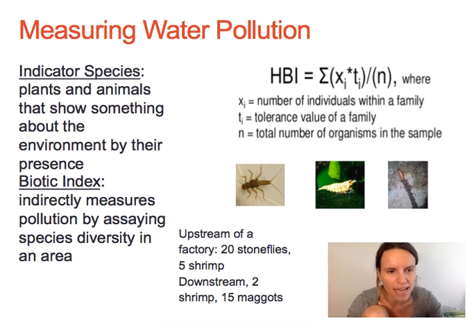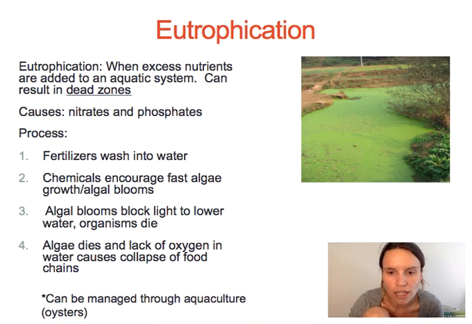And next, we are going to look just quickly at the topic of eutrophication, because in terms of water pollution, eutrophication is a big deal, and we've talked about it in some different contexts in different lessons. Today we're going to define it, talk about its causes, and some of its effects.